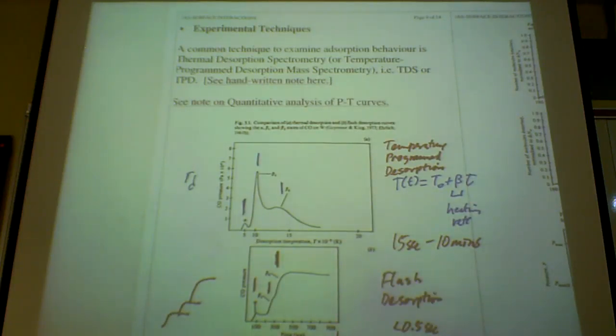One of the interesting things that you have to be aware of is that desorption is not equivalent to adsorption, right? And this is a common mistake. Sometimes people think adsorption is exactly the same as desorption. They are not, because something could happen in between, which is diffusion and surface chemistry could occur on the surface.